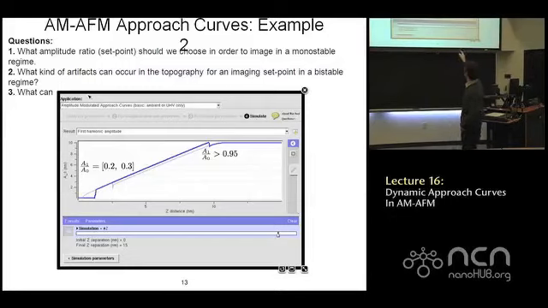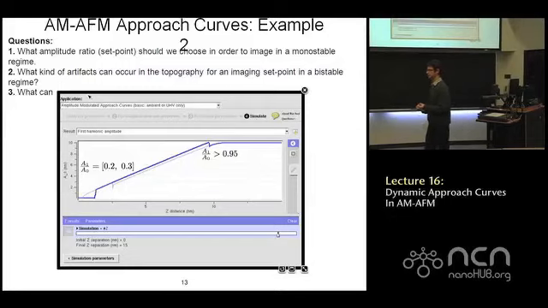And when the amplitude ratio is above about 0.95, we're also in a monostable regime. Here the lower one is the monostable repulsive regime, and the high amplitude ratio is the monostable attractive regime. Probably in tapping mode, you want to pick the repulsive regime, because the resolution of the forces themselves is greater there.